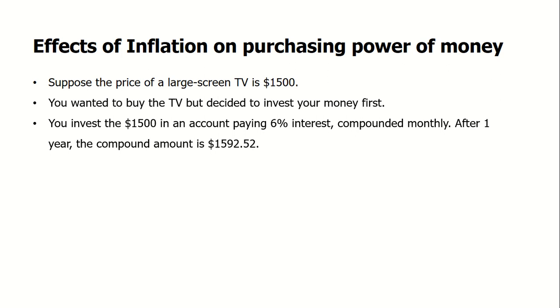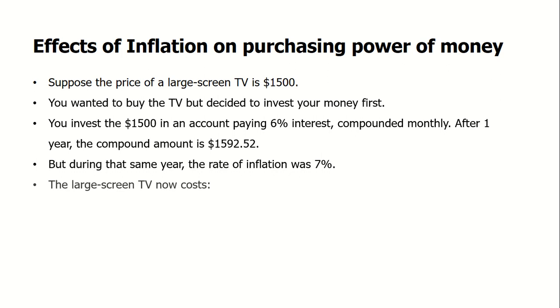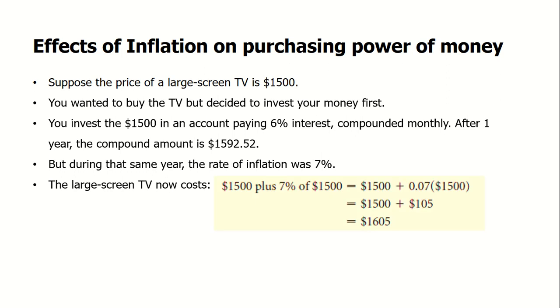Meaning to say, you were able to get an interest of $92.52. However, unfortunately for you, during that year, the inflation rate was 7%. So 1% higher than the interest of your investment. That means the price of the television will be 7% higher during the next year.